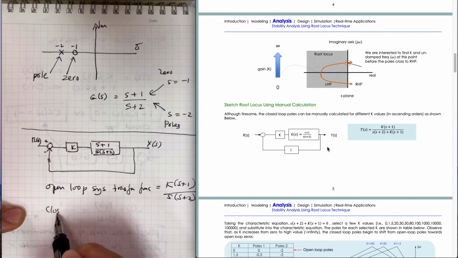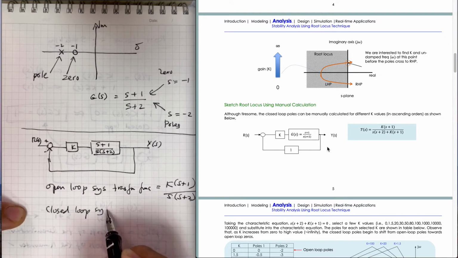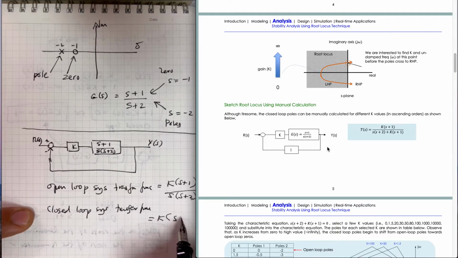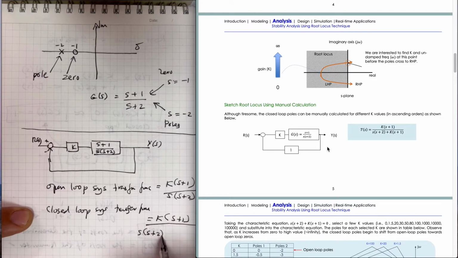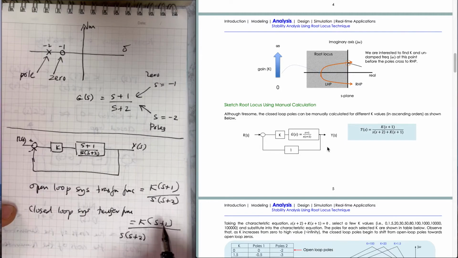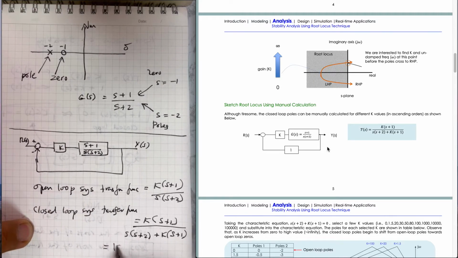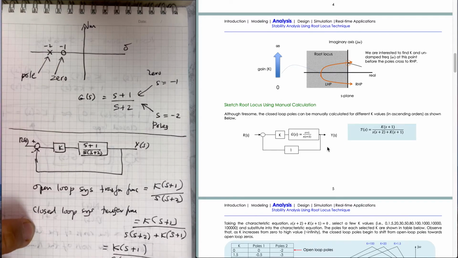Our closed loop system transfer function equals K(s plus 1) over (s plus 2), plus K(s plus 1). Or we can simplify it: K(s plus 1) over (s plus 2 plus Ks plus K).